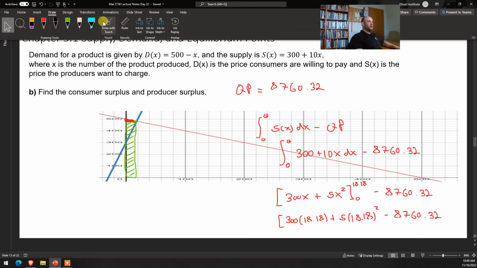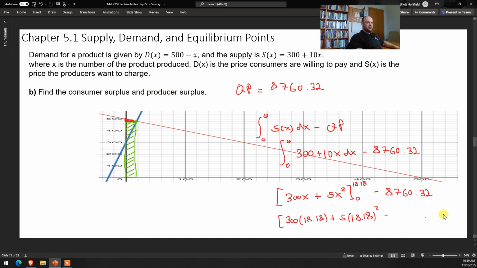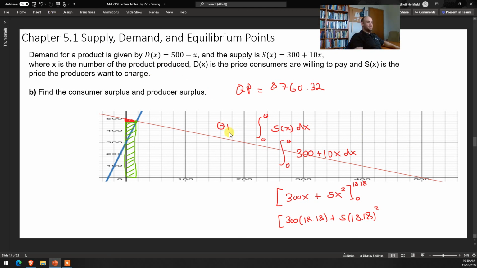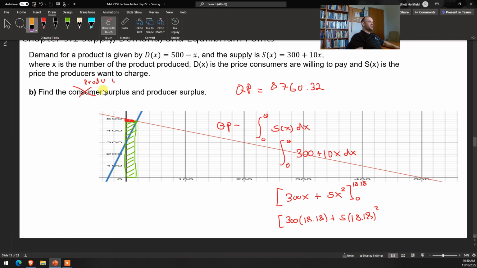We've actually jumped ahead and found the producer surplus, which means that instead of subtracting this number, I should be taking that number and subtracting this integral. We found our producer surplus first.